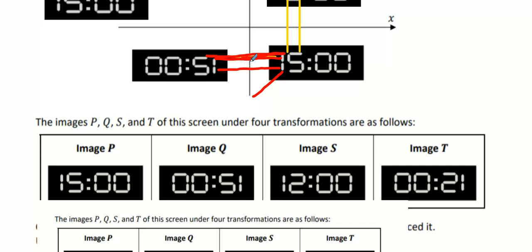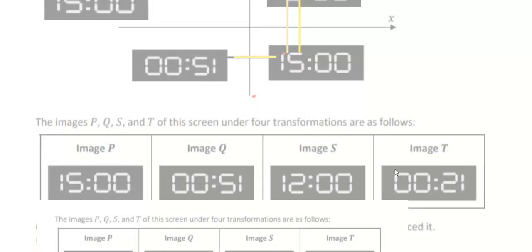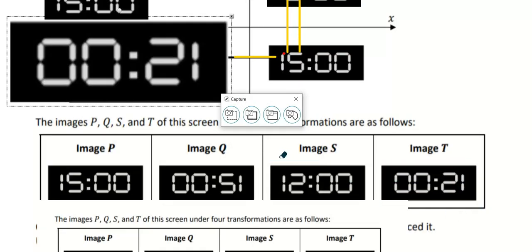No, that's not it either. Sorry, excuse me, guys. No, wrong way around. The 5 has to be upside down there. So it's image T. Send to current page. Okay, let's try image T up here.